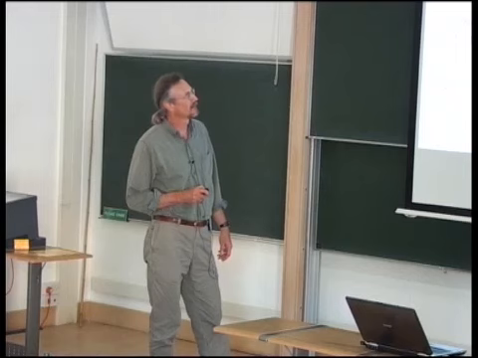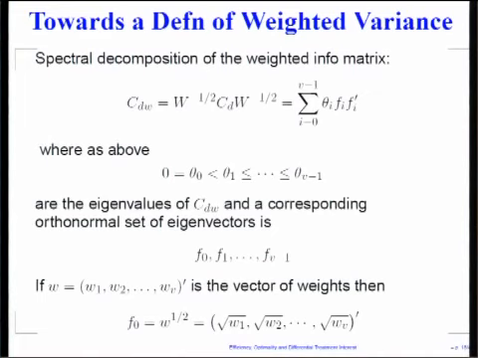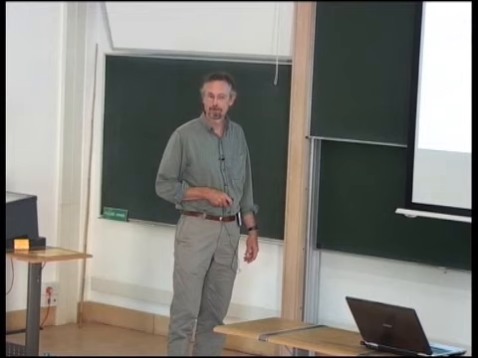So here you've already seen the theta i's as the eigenvalues and f i's are corresponding eigenvectors. I put the 0 in here as well. That's the 0 eigenvalue because we're going to need to look at the F0 that goes with it. In fact, here's the F0. So if that's the vector of weights, the little w, then F0 is the square root of the vector of weights. Okay?